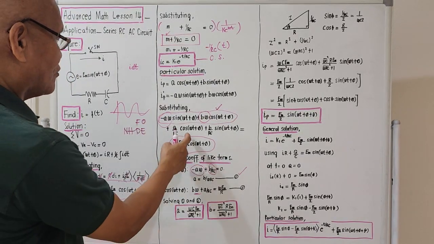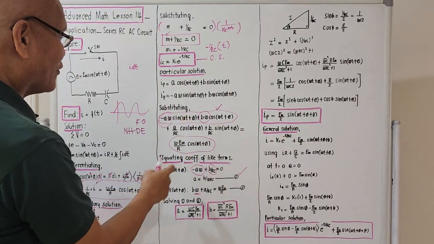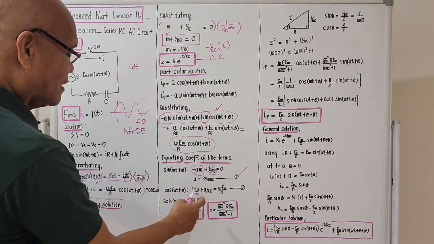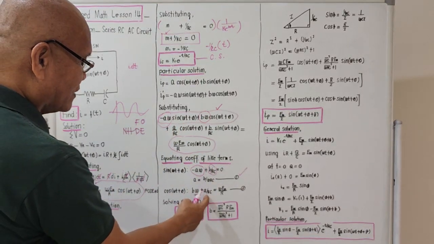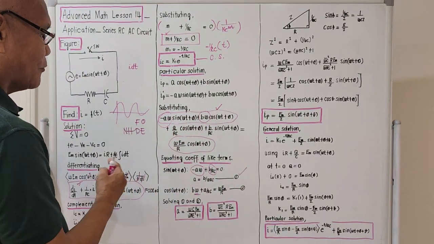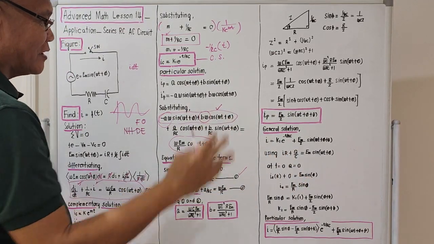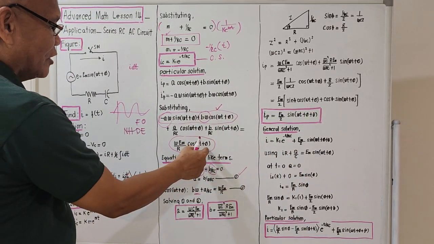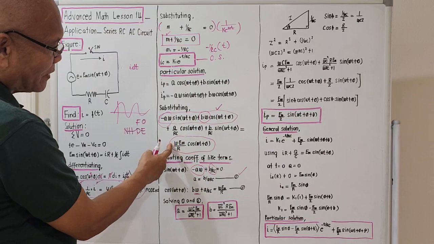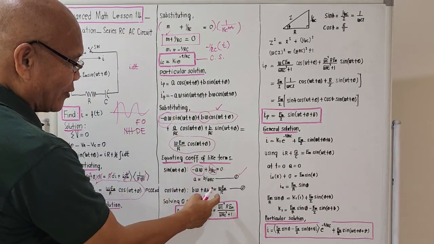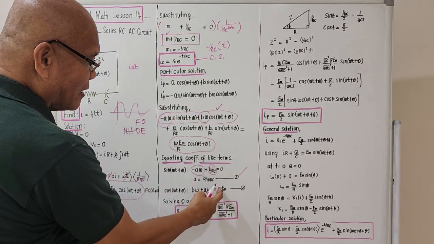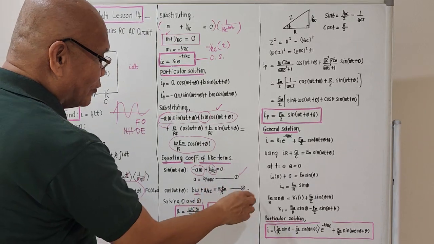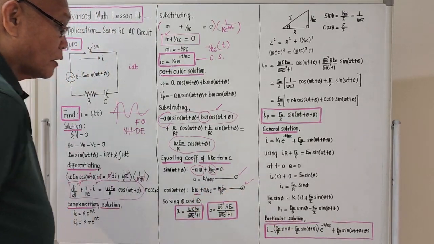Right? This is also cosine. The coefficient will be A over RC. So this is plus A over RC. Equal to, for the right hand side, we got the cosine term. The coefficient is the product of omega E sub m over R. So I will place the right hand side to be omega times E sub m over R. We call this equation number 2.